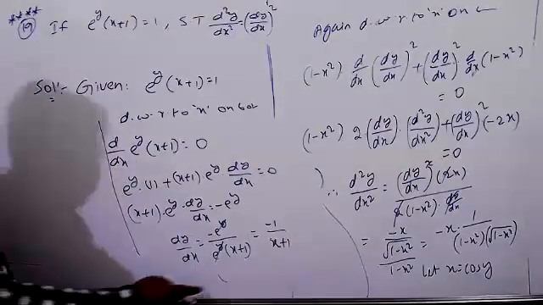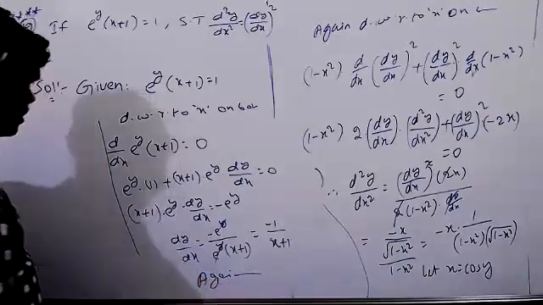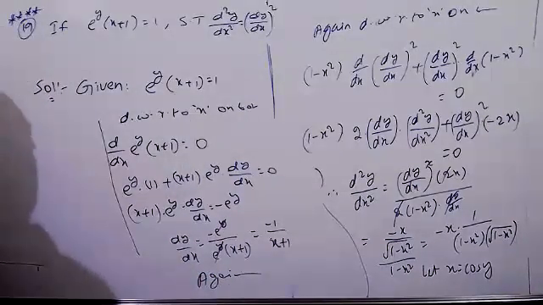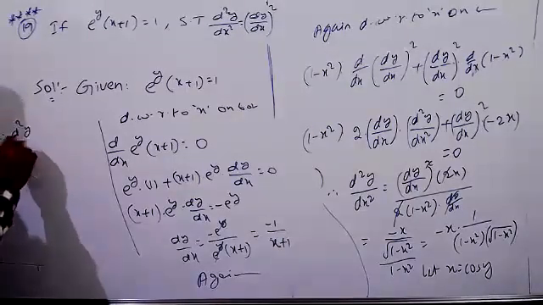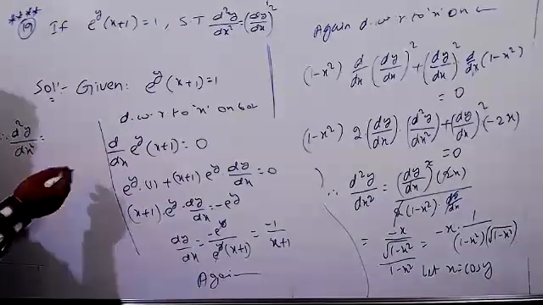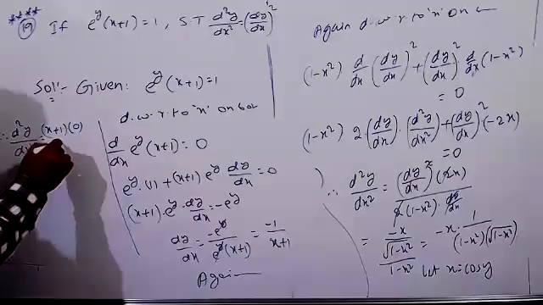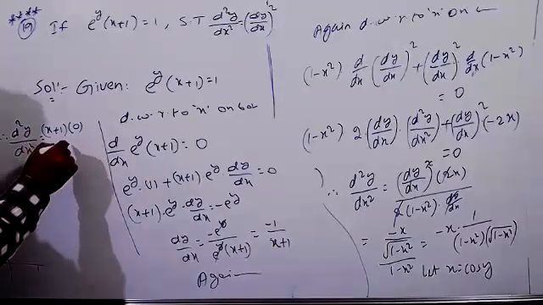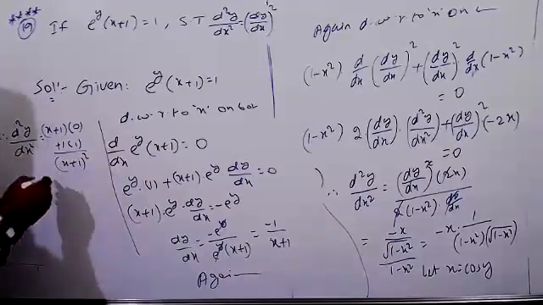Again differentiate with respect to x on both sides. So therefore d square y by dx square equal to, u by v formula can apply now. x plus 1 into 0 minus, means plus 1 we are getting into 1 whole by x plus 1 whole square.